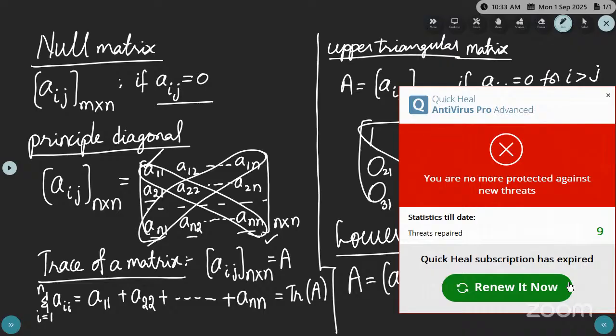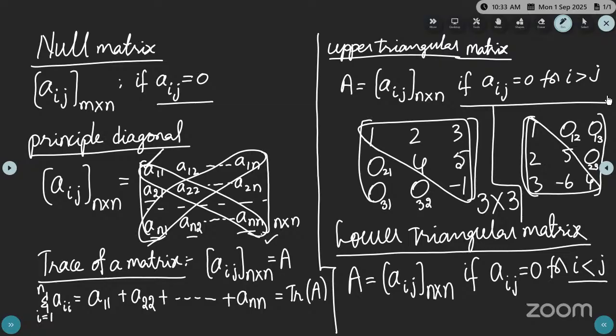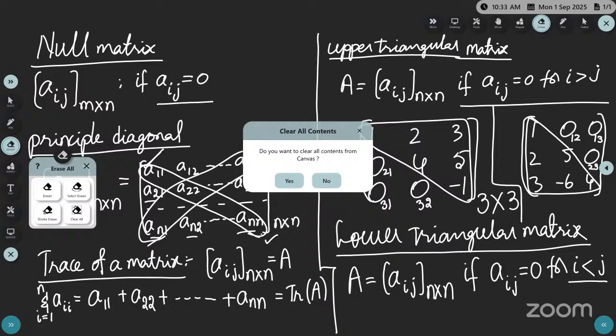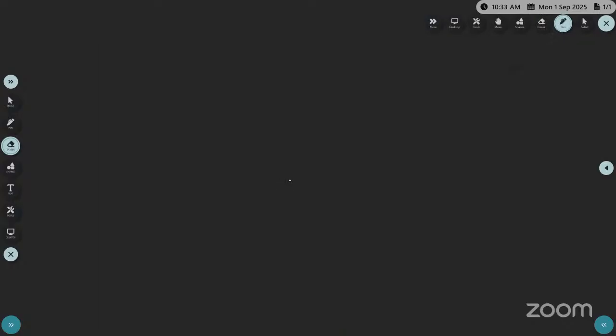A square matrix is said to be a triangular matrix if it is either a lower or upper triangular matrix. Okay, clear? Say yes or no.